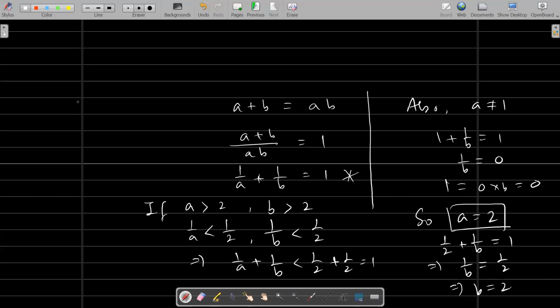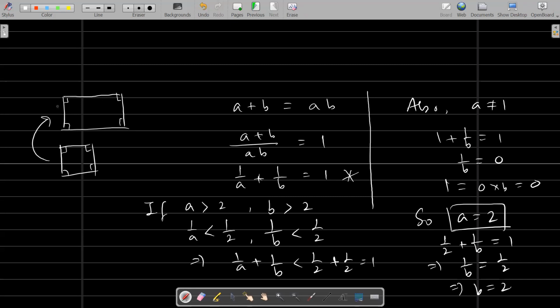So what is a rectangle? The 4 angles are 90 degrees. That's it. Sides may or may not be equal in the case of a rectangle, right? So every square is obviously a rectangle because all 4 angles are 90 degrees.